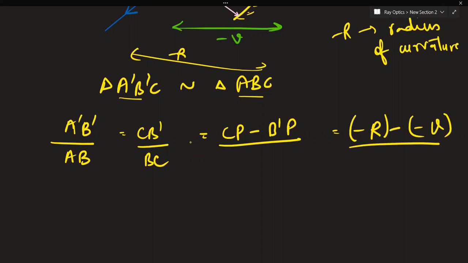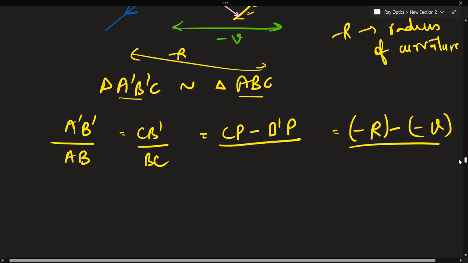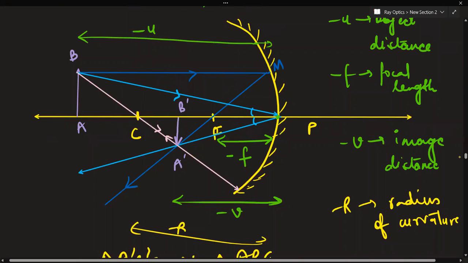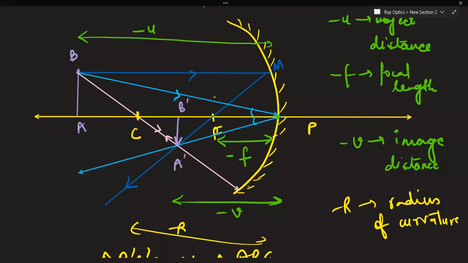Now let's see the denominator, BC. This is your C, this is your B. BC. No, see, it will be reverse.